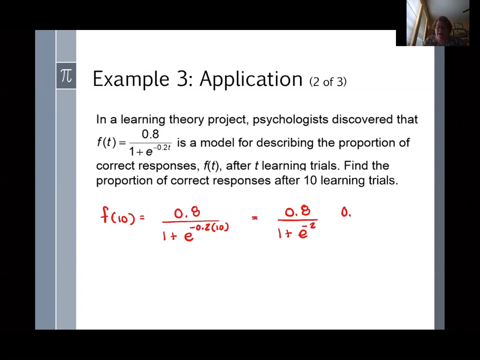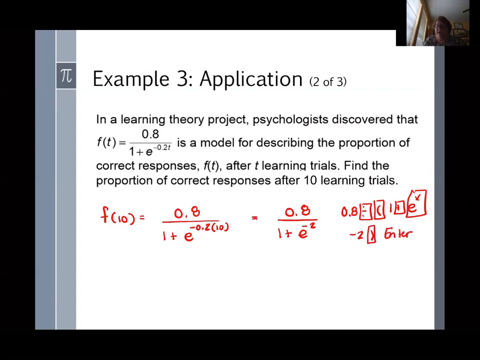I'd say 0.8 divided by, and then I'm going to put that entire denominator inside parentheses, 1 plus, find my e to the x button, raise that to the negative 2, close my parentheses, and then hit enter.